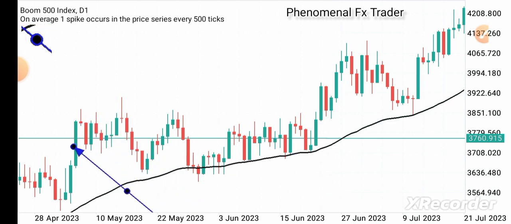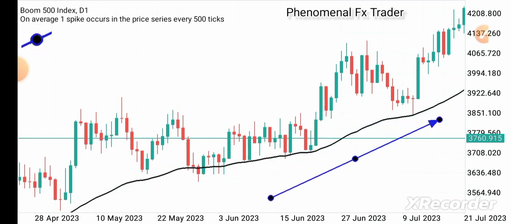Like here, this was a resistance zone. Price has been reversing each time it gets to this level, and when price finally broke out, you see it turned to a support. Price has been reacting for a little while around this particular zone. So this is a very strong level, a very key level in the market.